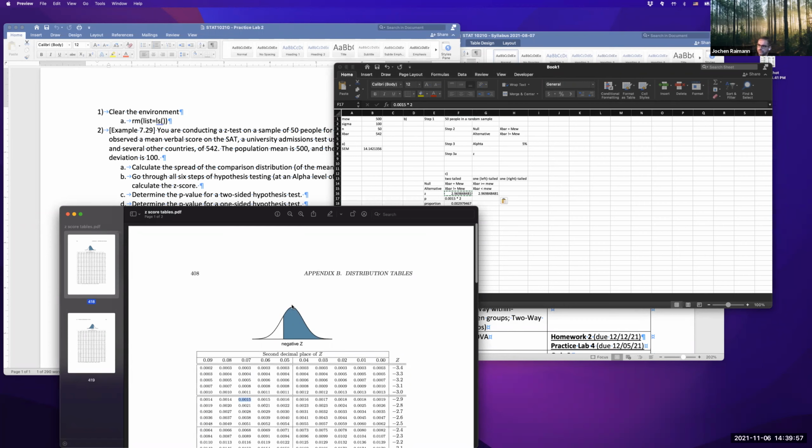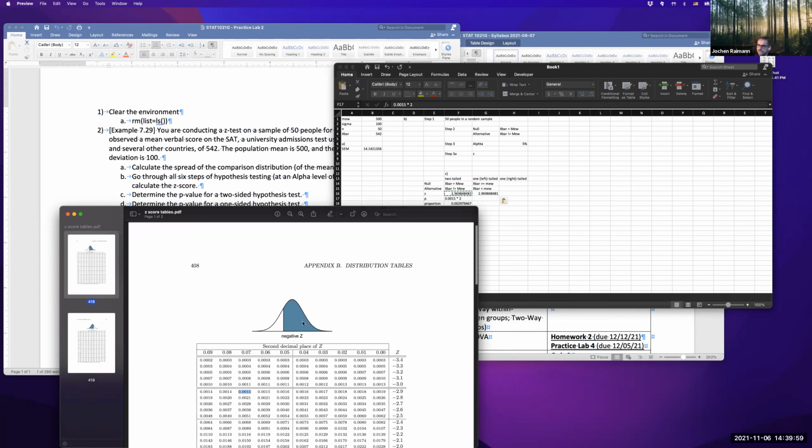So we are now looking at the research hypothesis. The alternative hypothesis says that right now, so before we took two-tailed, right now we're looking only at everything that is to the left of our Z score, right? So we have a Z score of 2.97, and this will not change. So we have 2.97 and we're taking everything to the left.